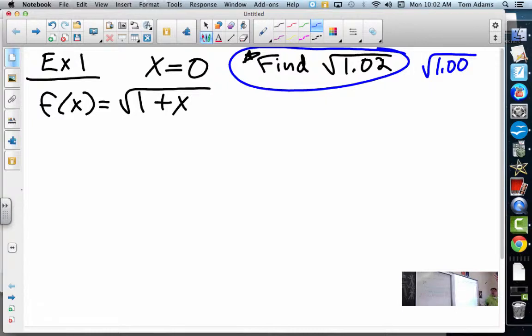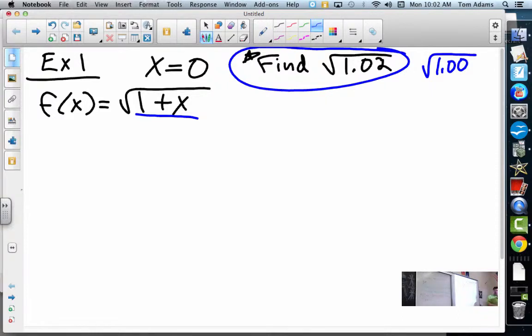If I let x equal 0, I'll get this. So what I want to do is find some sort of relationship between this function and this function that I can do in my head without using a graphing calculator. So that's where linearization comes in.